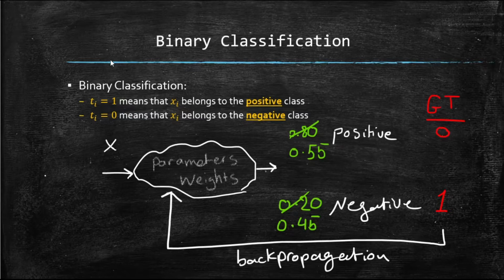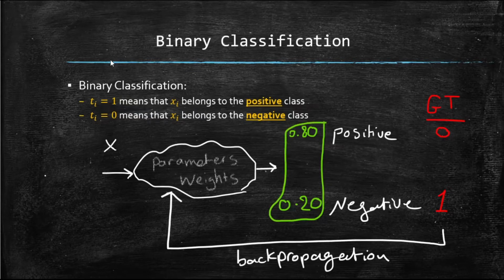So at the end of the day, you would have this output vector, a vector of probabilities. This is what your network spits out. And you have a ground truth vector, which is what you're going to present to your network to give it a signal as to how it's doing.